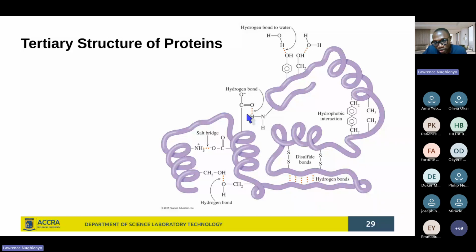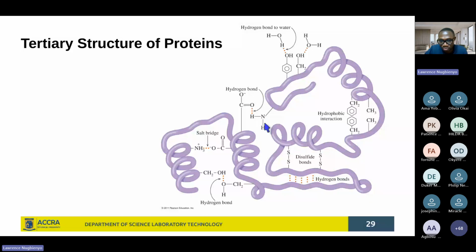We see also hydrogen bonding forming between the carboxylic acid group, that COO oxygen, the C double bond O, that oxygen there is having a hydrogen bond between it and the hydrogen of an amine group of another amino acid.